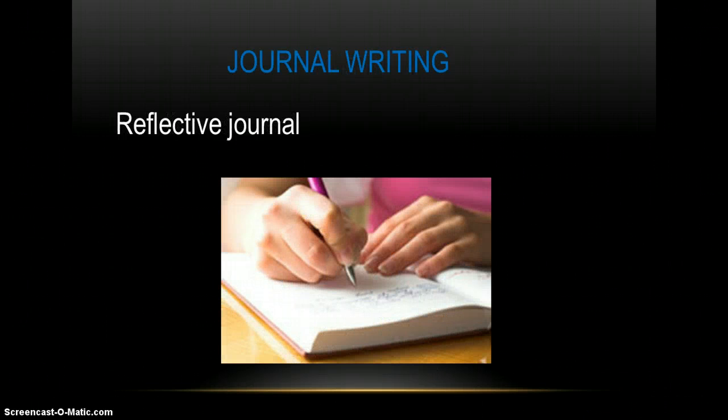Another one is journal writing. The reflective journal is a very important tool for students. For example, students are going to reflect about what they were doing. It can be an effective tool for self-assessment, in that it engages students in thinking about certain ideas or experiences and devising new ways of responding to them.